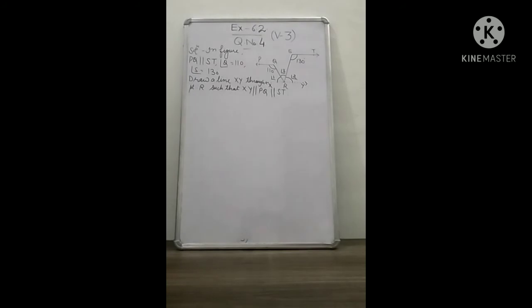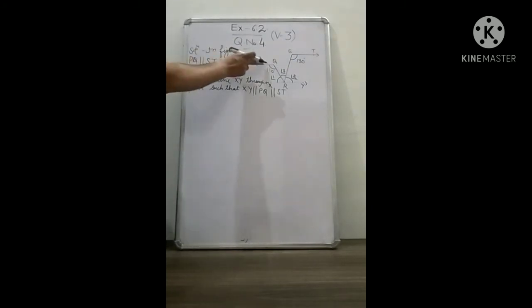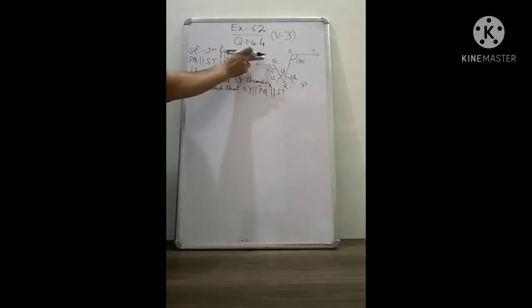Now you have to find this angle 3. First of all, we will find angle 1 and angle 2. See this side: lines PQ and XY are parallel, and QR is the transversal. So this angle 110 and angle 1, which type of angles are they? They are co-interior angles.